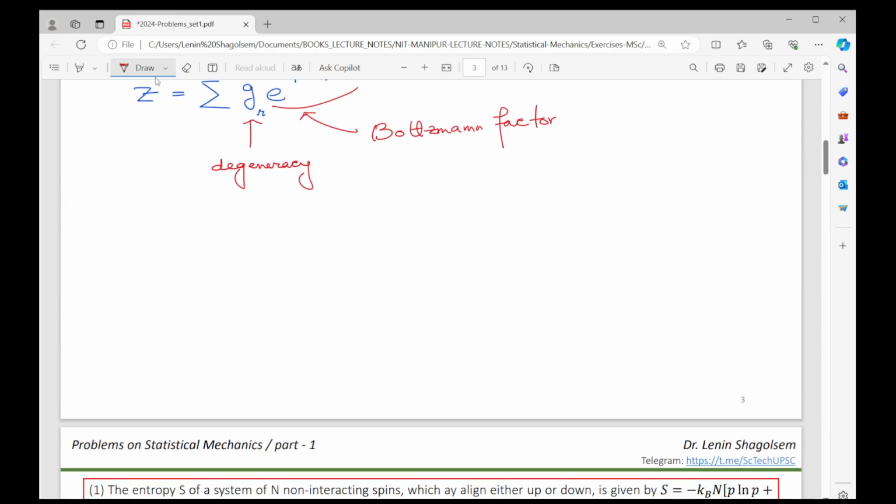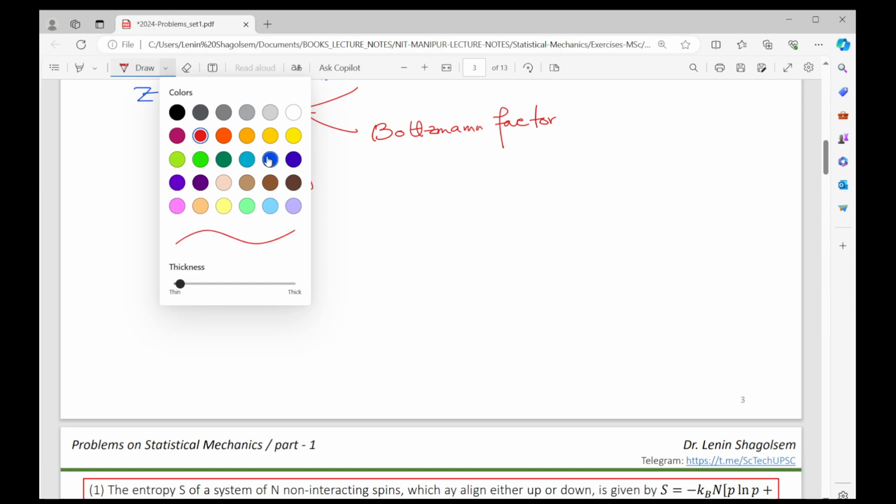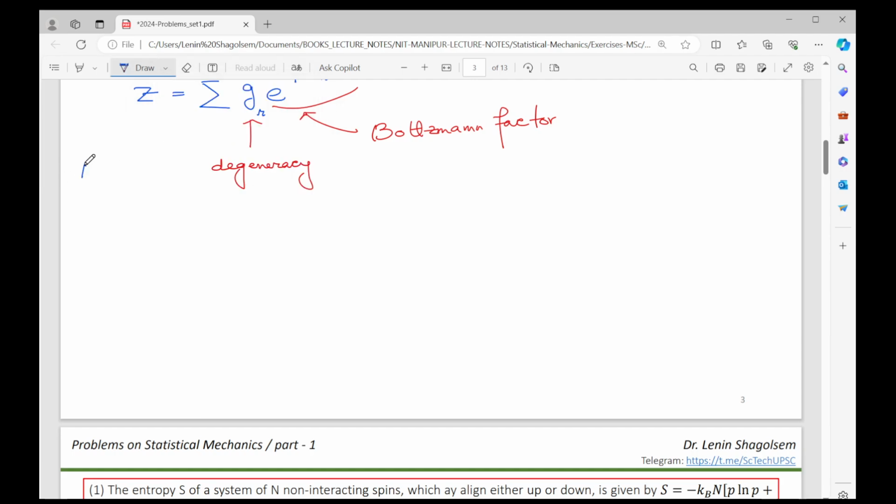So the next question of relevance is the mean energy. Let's denote it by this bracket instead of a bar.